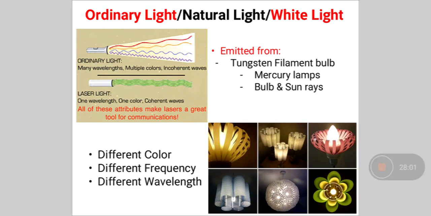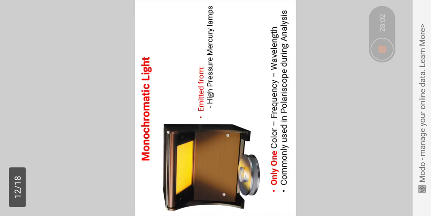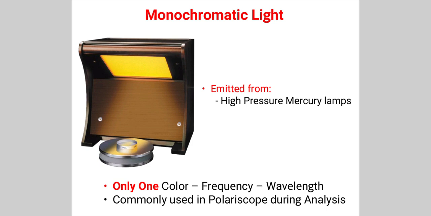Then the second light source is monochromatic light. The light is emitted from a high pressure mercury vapor lamp. This particular light source is called monochromatic light. It has only one color, one frequency, and one wavelength. And mostly in the polariscopic device, this monochromatic light source is used for stress analysis, because through this light source analysis is very simple.